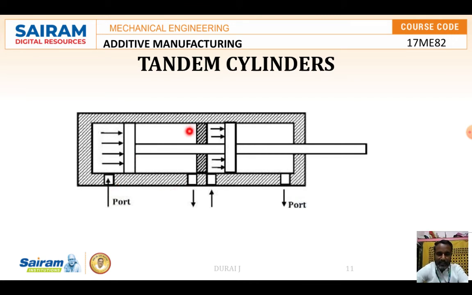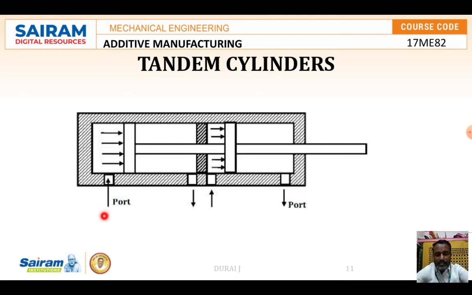In the tandem cylinder, two pistons are attached to a single rod. It is used for some heavy work. Here they provide two chambers, and each chamber has a piston.